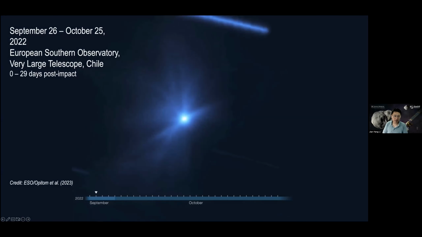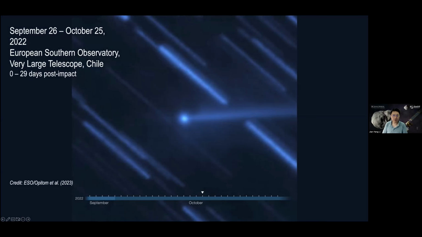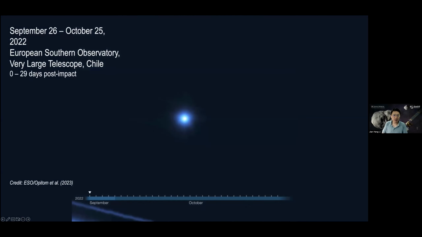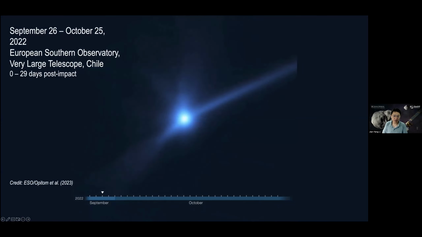Similarly, another telescope on the ground, this is the VLT, Very Large Telescope of the European Southern Observatory located in Chile. It also took the image sequence as I just described from Hubble.